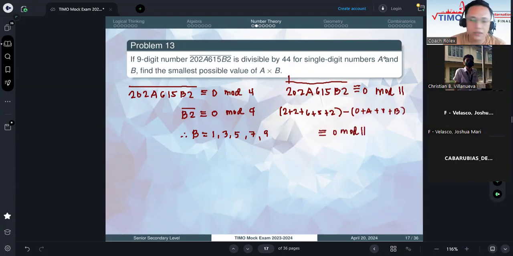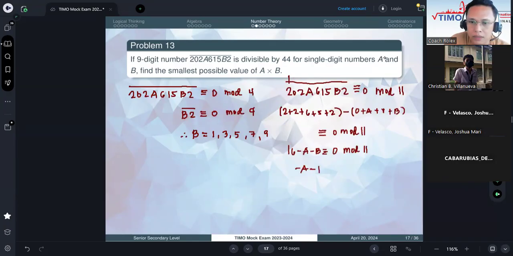Now, if you simplify these numbers, you will get 16 minus A minus B.